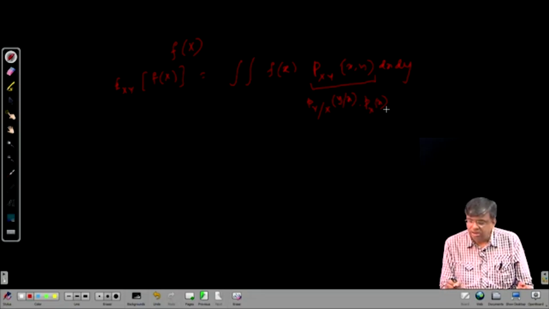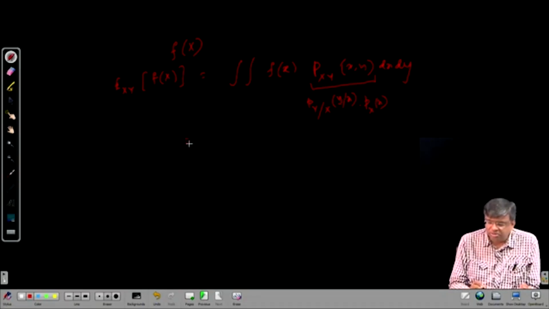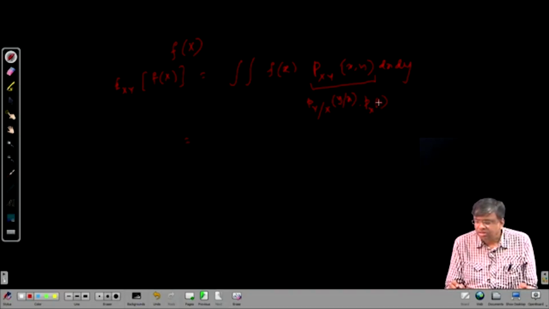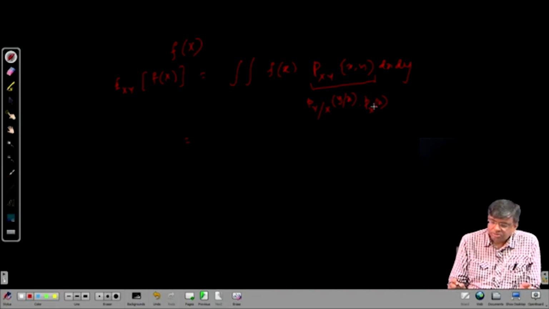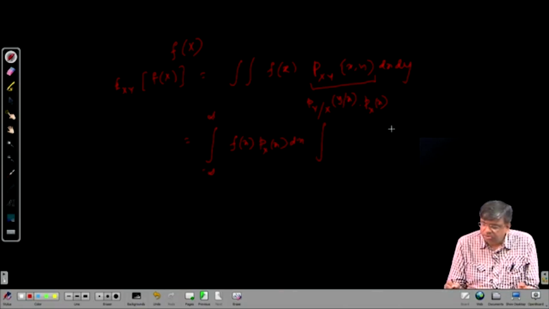Okay, I will take it this way, because you will see what happens after this if I choose this way. F x p x x, it is a function of x, it is a function of x. Okay. So, but they do not have any y. So, I take them out in the outer integral. Inner integral is with respect to y.